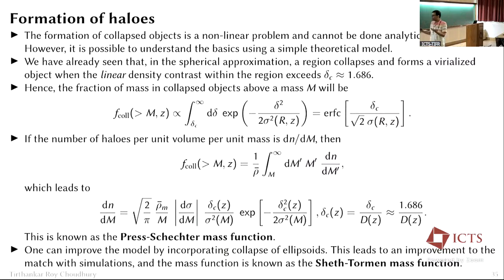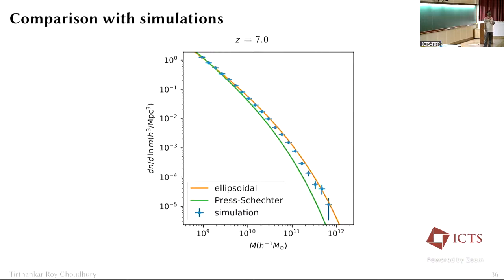For example, rather than spherical collapse, you work with ellipsoidal collapse, and you find a better condition for when this collapse occurs. You put it in a proper mathematical formalism based on excursion sets, and people have worked out much more detailed formulae than this. It turns out that some of these formulae can still match the simulation results very well. So what has been shown here is, at early high redshifts, the mass function computed from simulation.